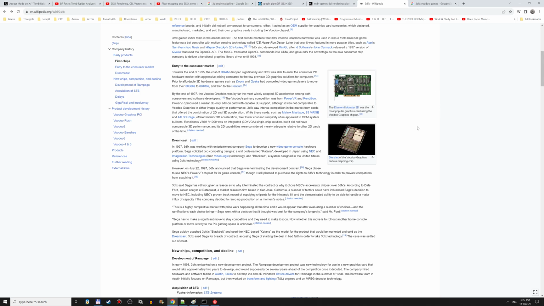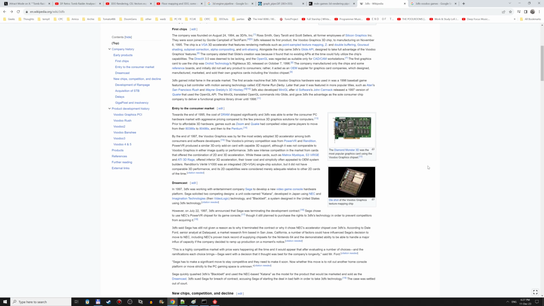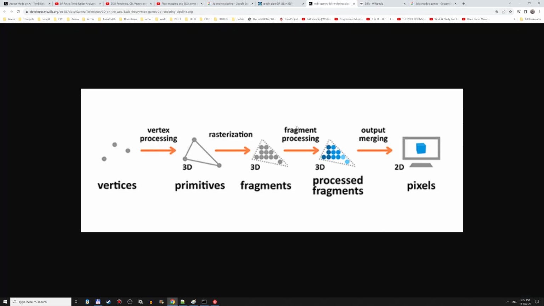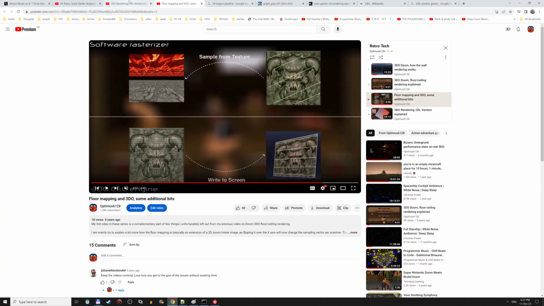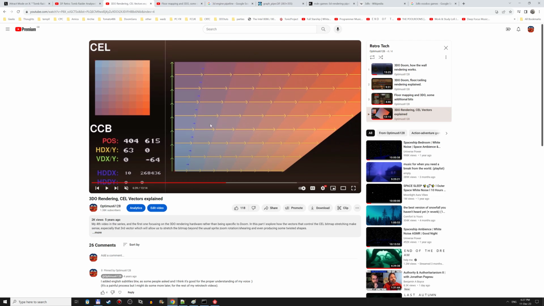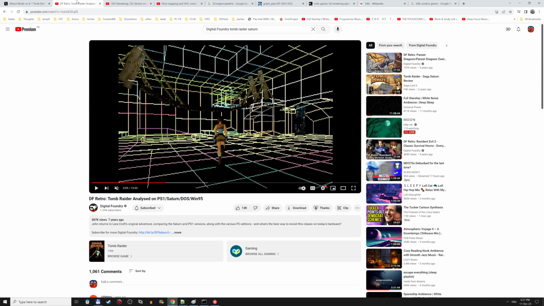From what I remember, those early cards were only providing the rasterizer. They were only providing this part, maybe. They would provide the final render, and they would provide this part in a way, but not like this. This is not how it's done.